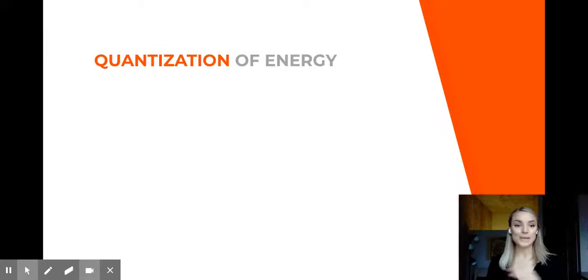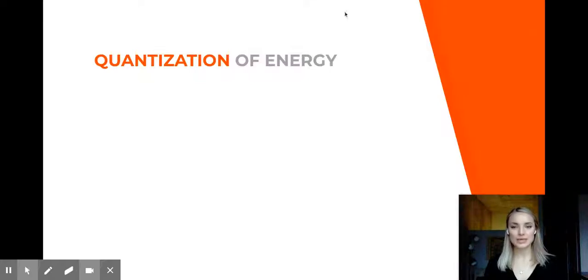And so Max Planck proposed this idea of quantization of energy. So that basically materials can only emit or absorb certain quantities of energy, certain packets of energy.